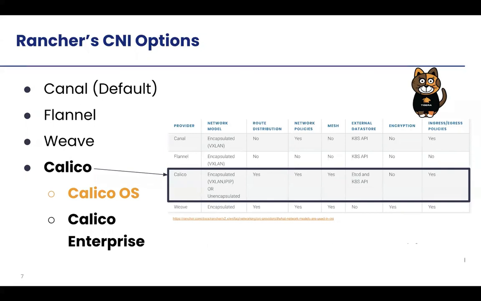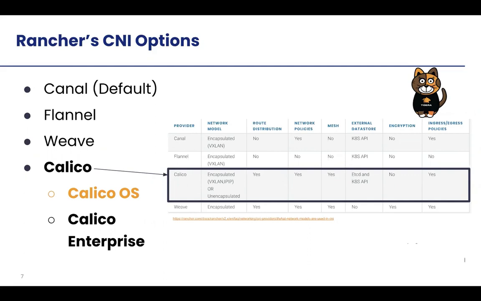And with encapsulation mode, you have 2 options from Calico. Others, I think, are mostly VXLAN based, but Calico provides either IP-in-IP or VXLAN based encapsulation, in addition to having a no encapsulation option. Depending on the model that you take, of course, VXLAN is a layer 2 technology.